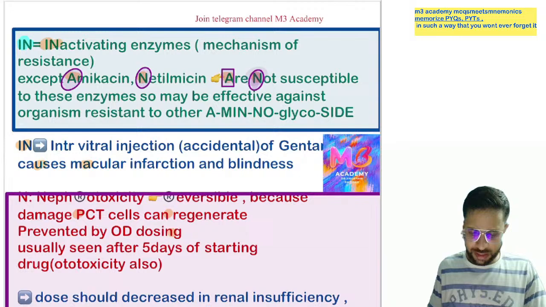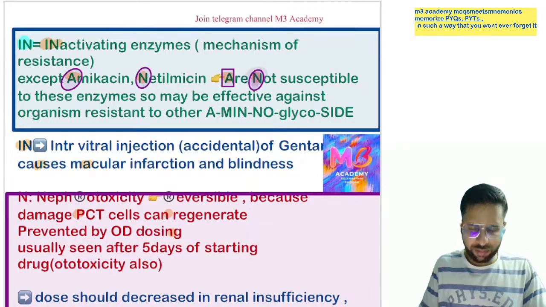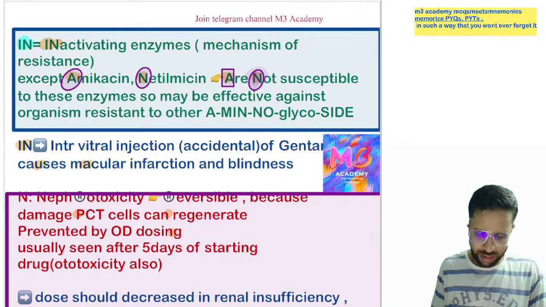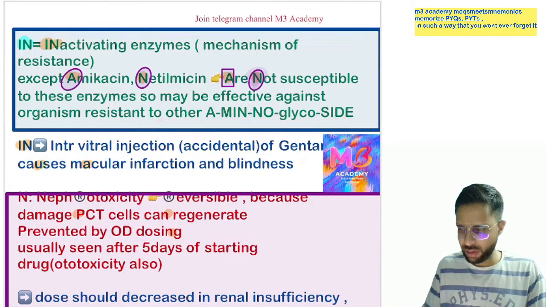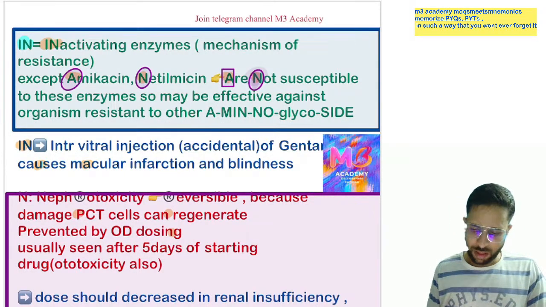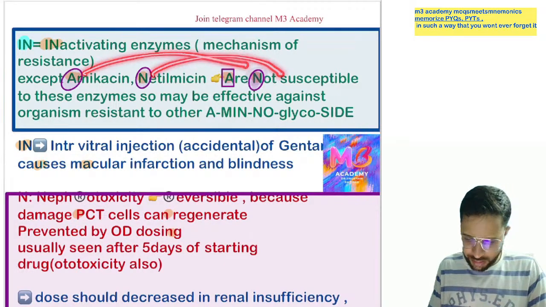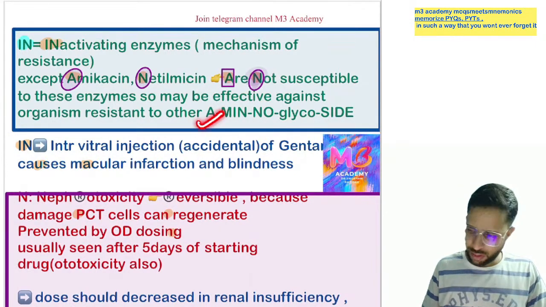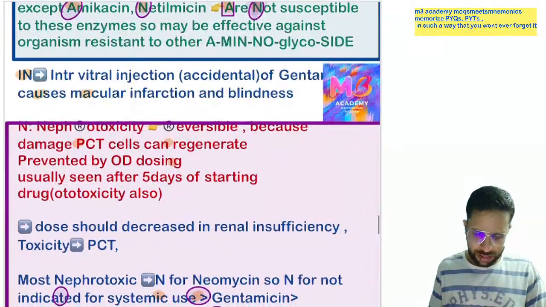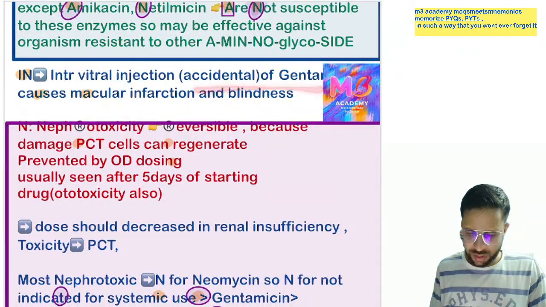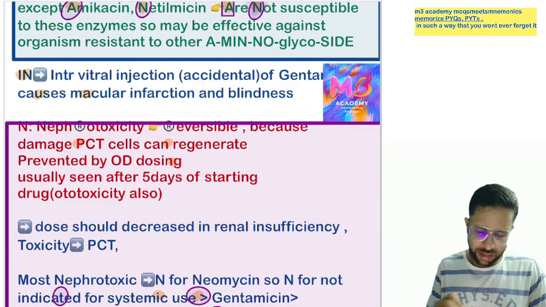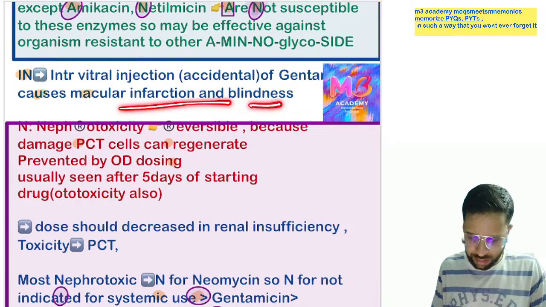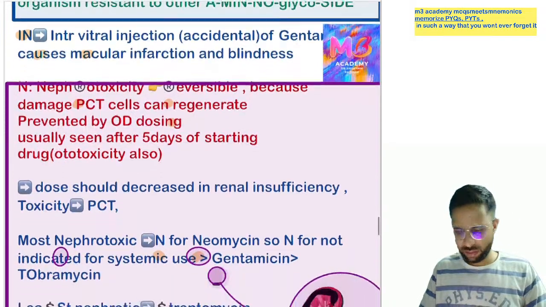But amikacin and netilmicin are not susceptible to those enzymes, so they may be effective against organisms resistant to other aminoglycosides. These two drugs are not susceptible to the inactivating enzyme, so we can give them in aminoglycoside resistance. Again, I means intravitreal injection of gentamicin. Accidental intravitreal injection of gentamicin causes macular infarction and blindness.